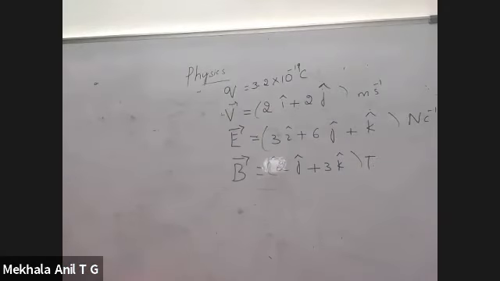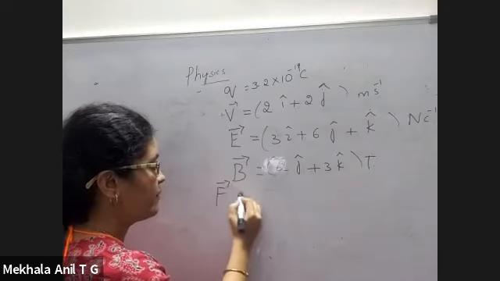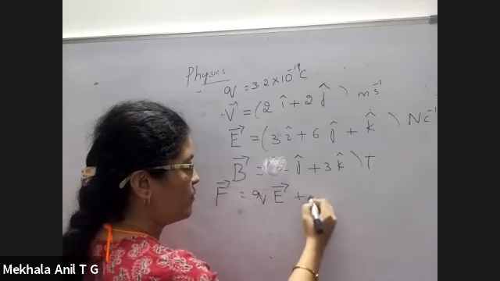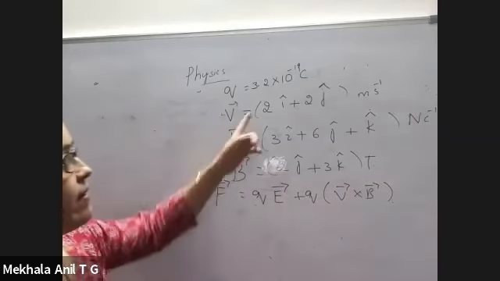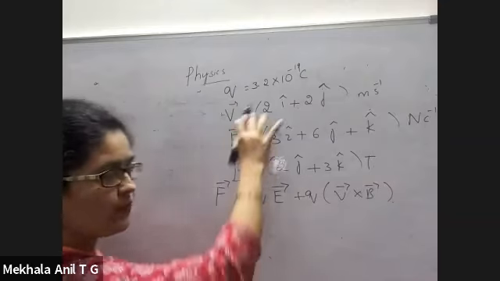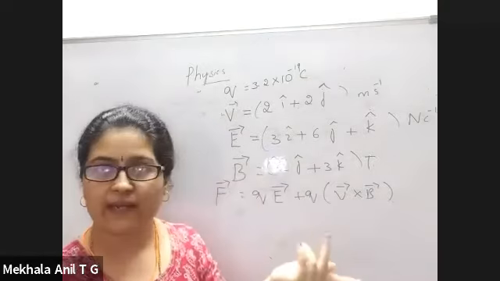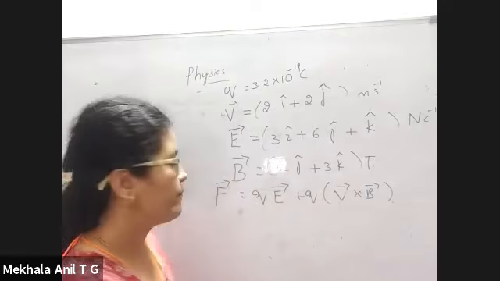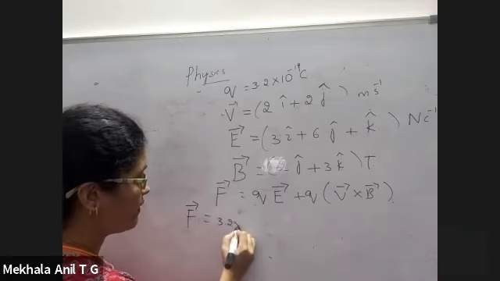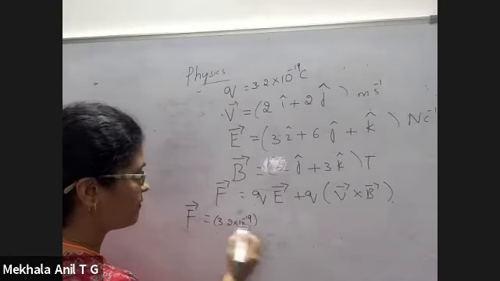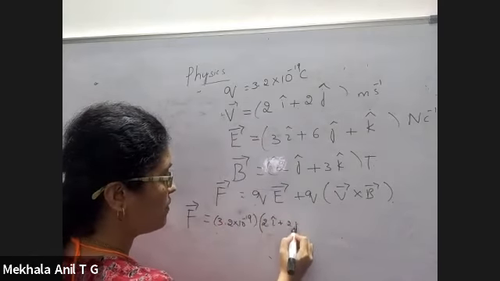See, this is actually very simple here. You know that Lorentz force is nothing but QE plus Q into V cross B, right? Now here, Q, E, you just have to substitute and the rest is vector dot products. That's all. You know what is i dot j, i dot k, like that. Therefore, F is equal to 3.2 into 10 power minus 19 into 2i cap plus 2j cap.